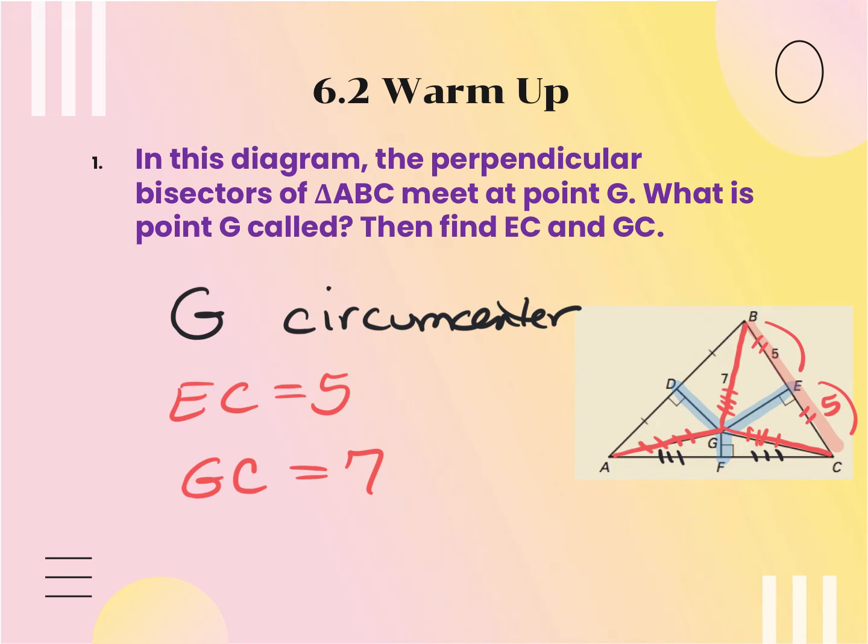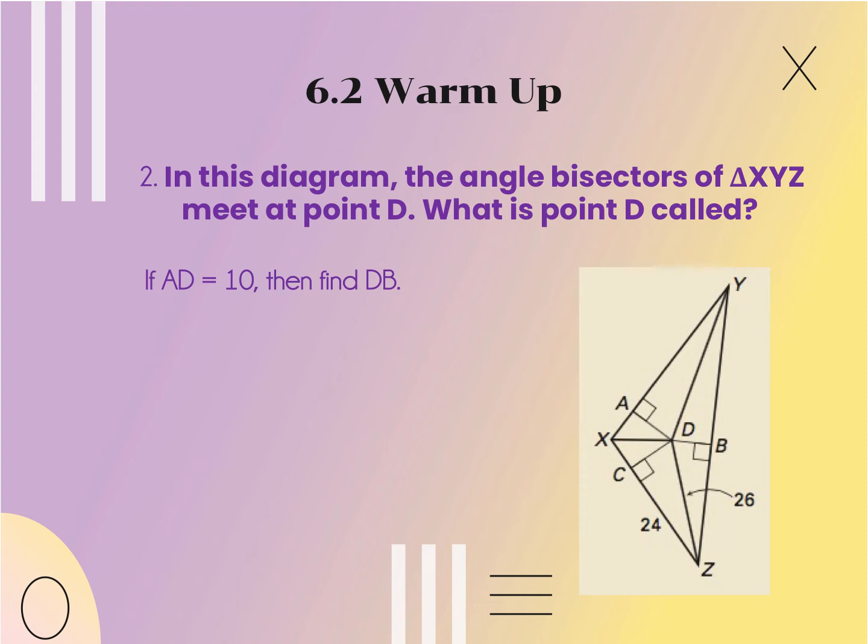For the next one, it says in this diagram, the angle bisectors of triangle XYZ meet at point D. What is point D called? You're going to memorize here that the point of concurrency of the angle bisectors is called the incenter. Once you find that incenter, point D here, all of the red lines are my angle bisectors.